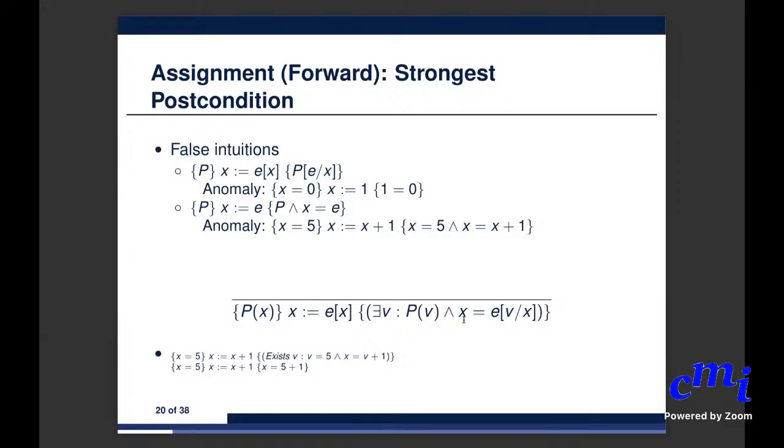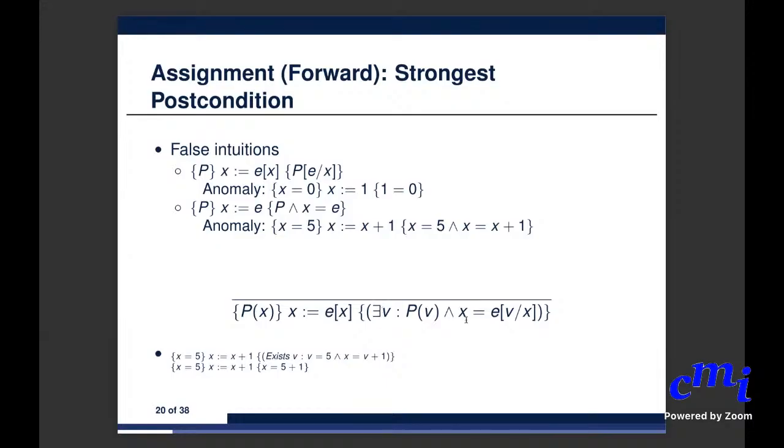The new value of x is such that it includes every value of v that satisfies the predicate p, and the new value of x is the result of evaluating the expression e by plugging the value v to x.